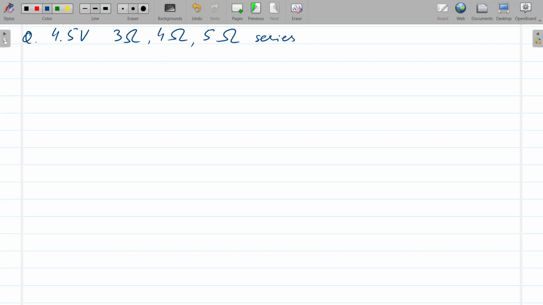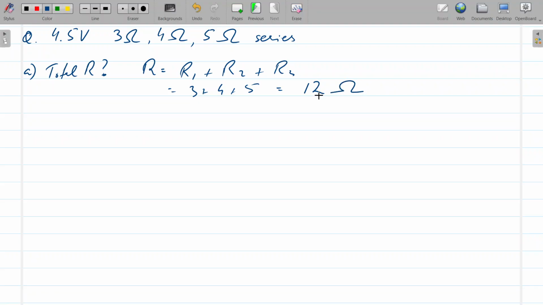The first thing they're asking is what is the total resistance, or the combined resistance of these resistors in series. We know for series the total resistance is R1 plus R2 plus R3, which is 3 plus 4 plus 5, which gives how much now? Right, 12 ohms. So the combined resistance of the three resistors is 12 ohms.